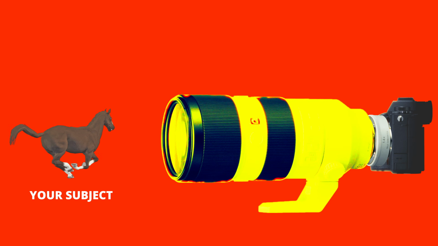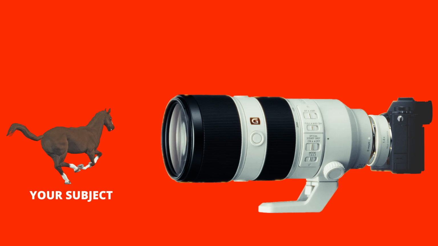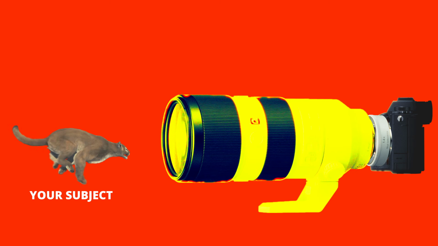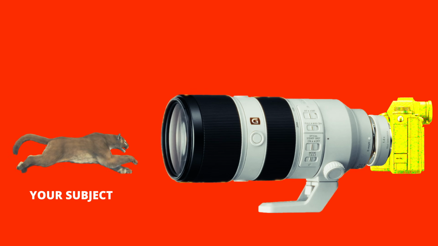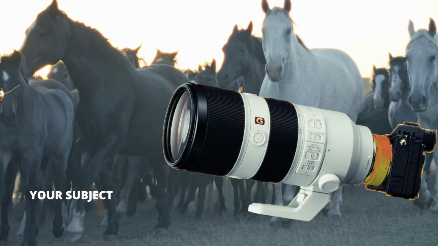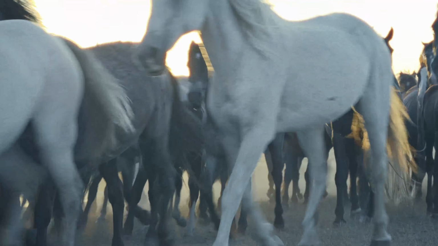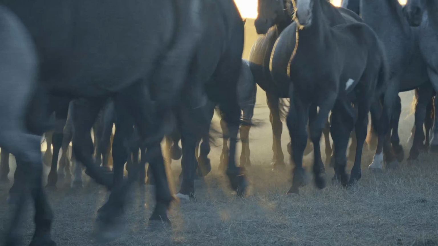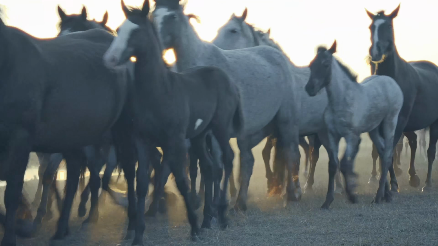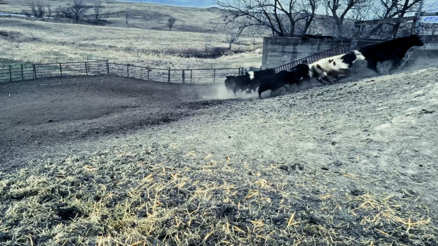The more communication points, the slower the response. So the autofocus becomes significantly slower, less reliable. If your subject is moving fast, like flying birds or running animals, this slowdown can result in soft images, even when your settings are right.